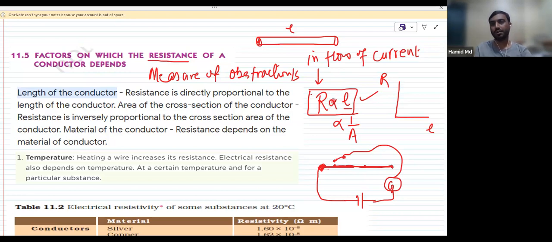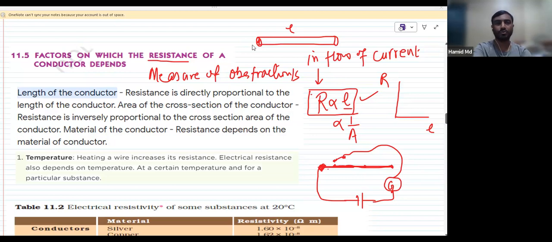Unless you respond, I won't move. Respond, then only I'll move. Madiha, what is the nature of R is directly proportional to L?